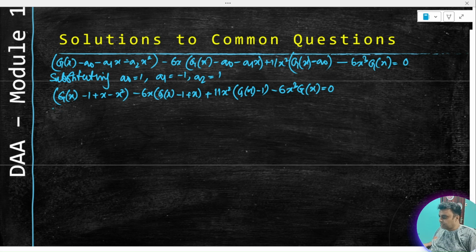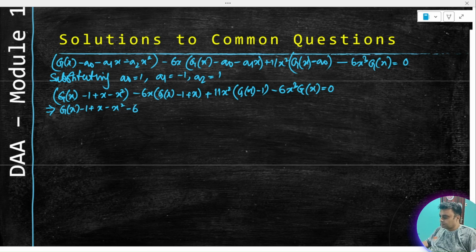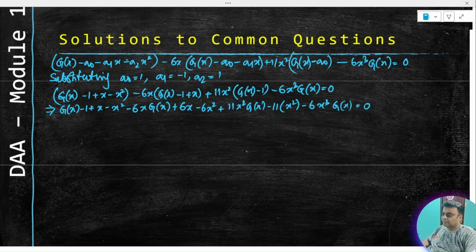If we expand this, we will get gx minus 1 plus x minus x square minus 6x gx plus 6x minus 6x square plus 11x square gx minus 11x square minus 6x cube gx equal to 0, right?